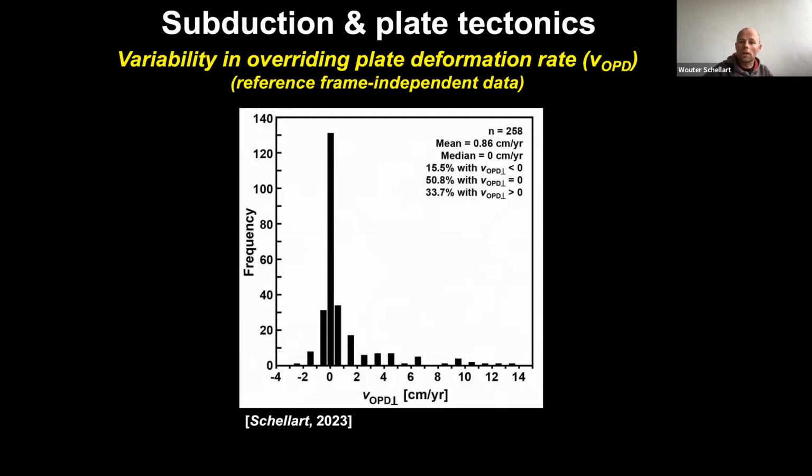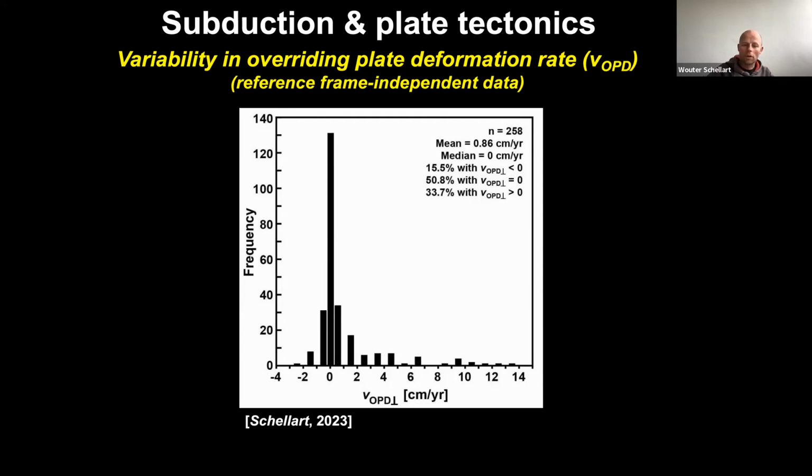So again, we have 258 trench segments, each about 200 kilometers in extent. So again, about 52,000 kilometers of subduction zone, and for about 34% of these 52,000 kilometers, the overriding plate deformation rate is positive, and so we have an extending overriding plate.